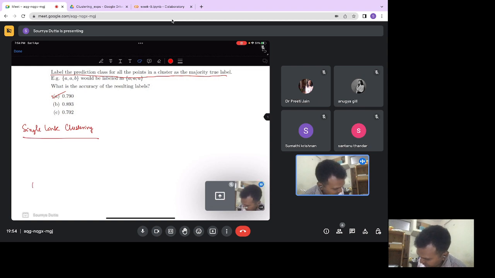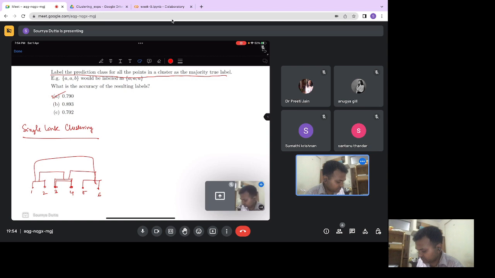Suppose you merge 2 points 1 and 2, and you have merged other points, this is of course an example, 3 and 4, and you have also merged the points 5 and 6. Now you have to merge either this, or this, or these two. Is this diagram clear, or should I explain it once more?